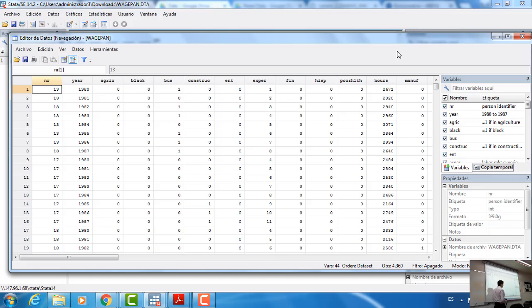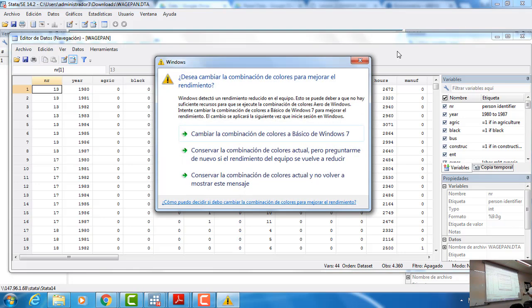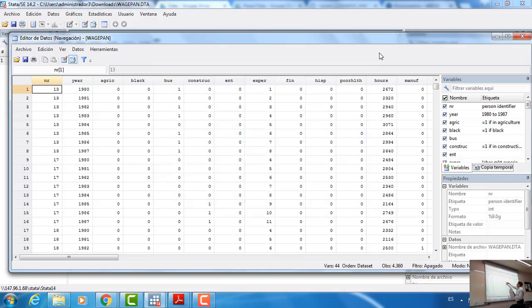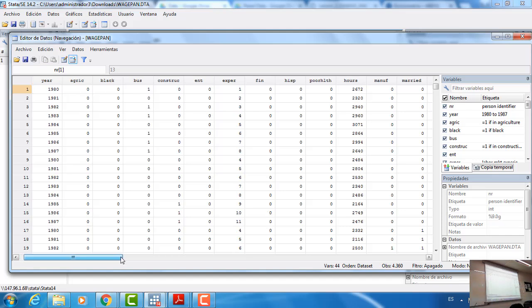And then the rest of the variables are variables that refer to individuals. Individual that works in agriculture or is black or is working in business, construction, and has that much experience, is working in finance, poor health. So let's go to the right to see what other variables we have.